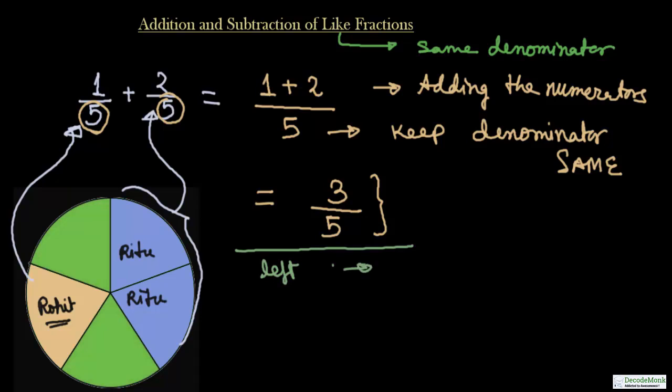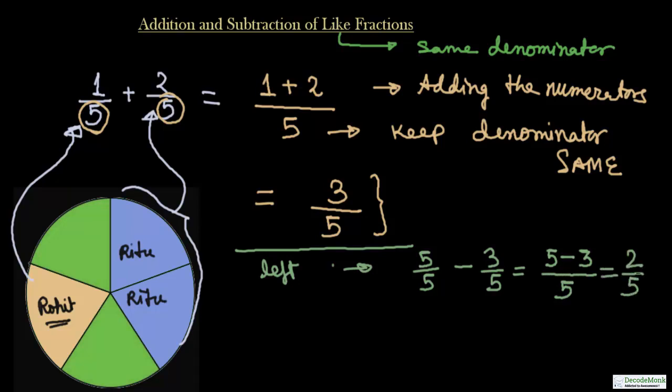Then obviously this will be equal to 5 upon 5, representing the whole portion, minus 3 by 5. For subtraction also we will do the same thing as in addition. We will subtract the numerators as given, so 5 minus 3, and we will keep the denominator the same.